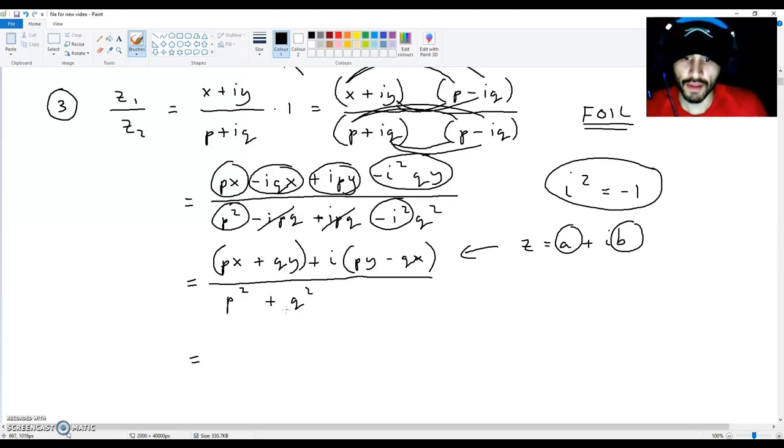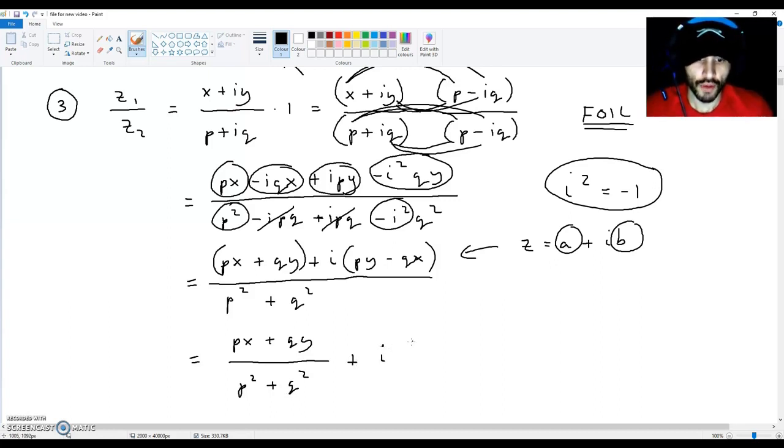If we simplify it, we get px plus qy over p squared plus q squared, plus i multiplied by py minus qx over p squared plus q squared.